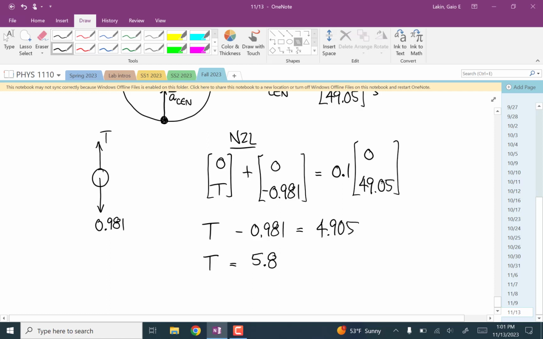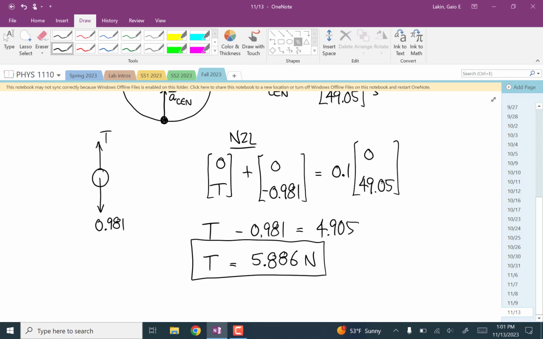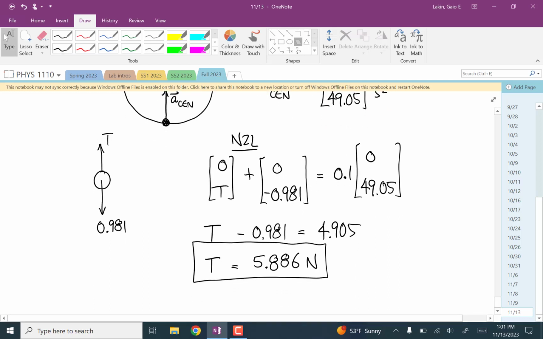Oh, you added. Just add, yeah. 5.886. And there you go. That's how strong the cable has to be for this 0.1 kilogram mass to be swinging around in that circle. If the string is not strong enough to support that tension, it's going to break when the ball gets to the bottom of the circle.